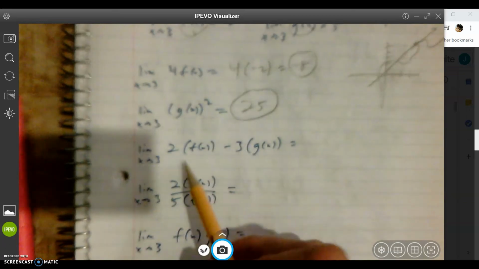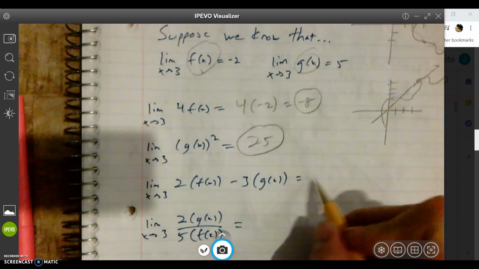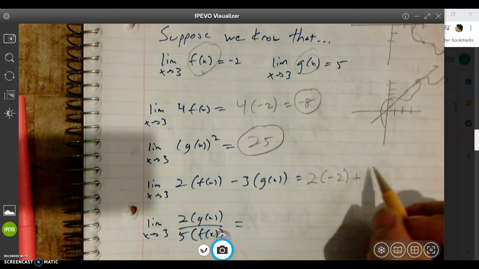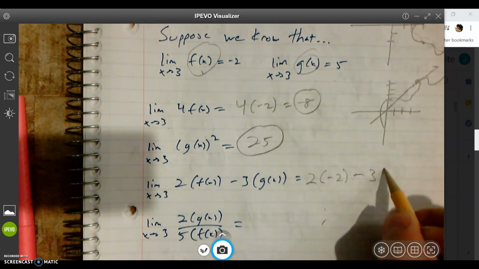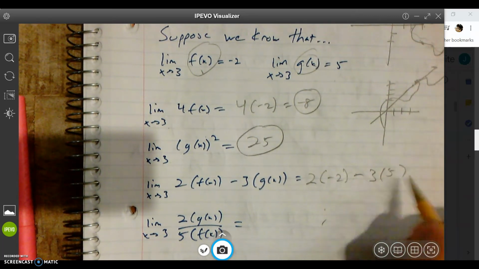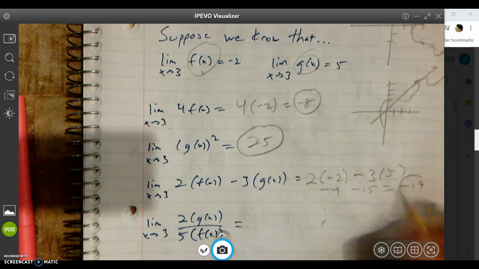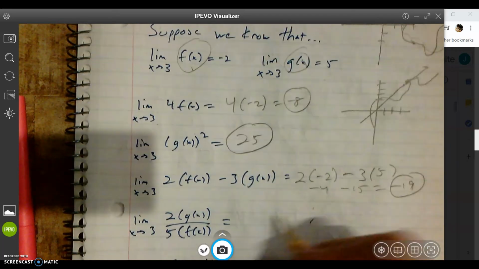Now the limit as x approaches 3 of 2 times f of x minus 3 times g of x. So that's going to be 2 times negative 2, minus 3 times 5. That's negative 4 minus 15, which is negative 19. There you go. Mental math, got to do it.